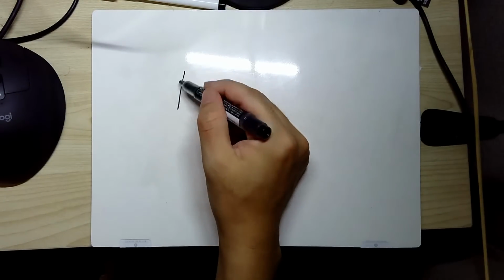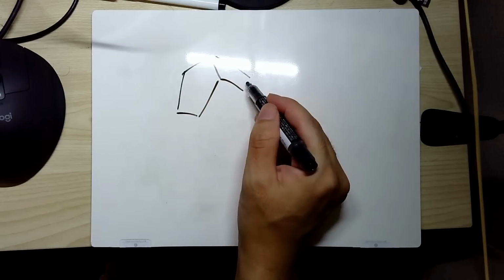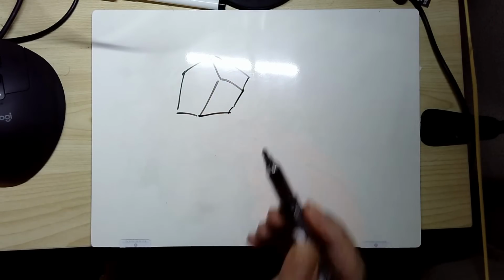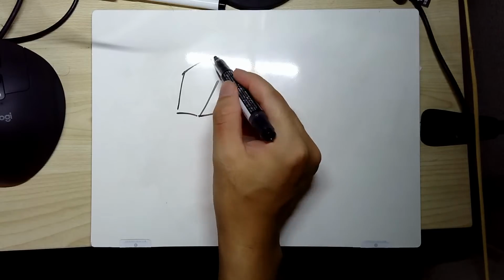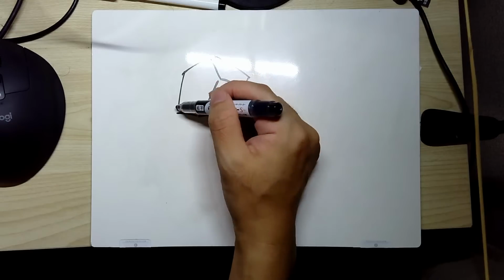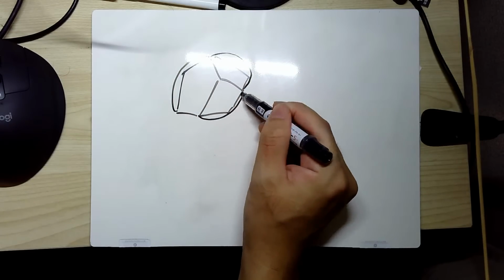So you have some crystal-like shape like that, and you want to create more of an inflated shape like this one.